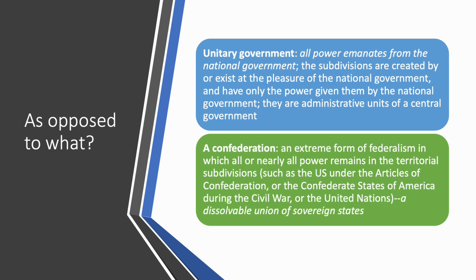And the other end of the spectrum is a confederation. That is an extreme form of federalism in which almost all the power is in the hands of the territorial subdivisions. Now that would be the U.S. under the Articles of Confederation, or the Confederacy, the Confederate States of America during the Civil War, or the United Nations. A confederation is basically a union of sovereign nation states, in essence.